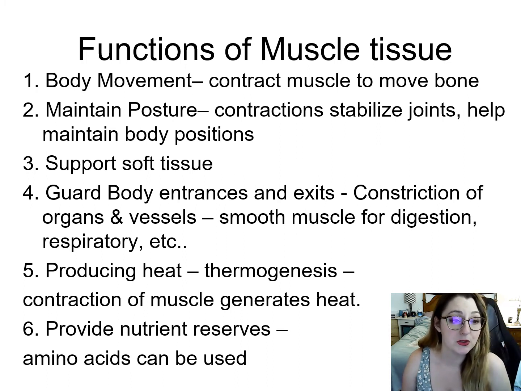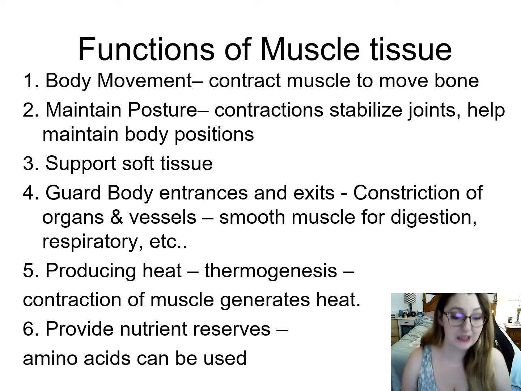We are going to serve the purpose of maintaining posture. So contractions will stabilize joints and help maintain body positions, such as sitting upright or even standing. Laying down, not so much, but you still maintain tone in your muscles as long as you're alive. So it does do that.